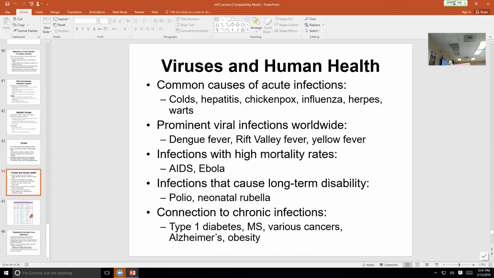But if we get exposed to it, what will our immune systems produce? What kind of proteins? Antibodies. And are those antibodies going to be specifically against that particular antigen on that particular virus? Yes. And guess what?